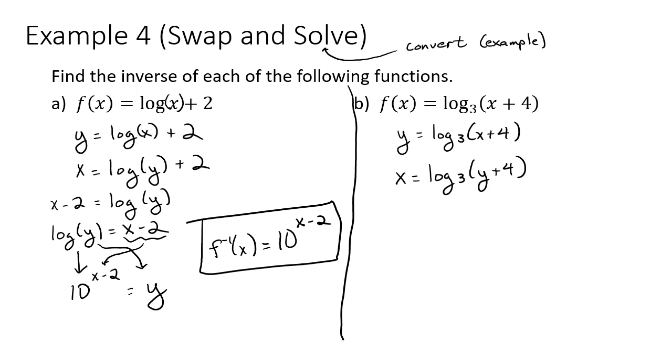And this time, I'm not going to rearrange it. You can if you want to. I'm going to leave it on the right-hand side just to show the way that it looks. So once again, I'm going to bring down the base. Log base 3 becomes exponent base 3. The x comes across to the right-hand side of the equal sign and becomes the exponent.